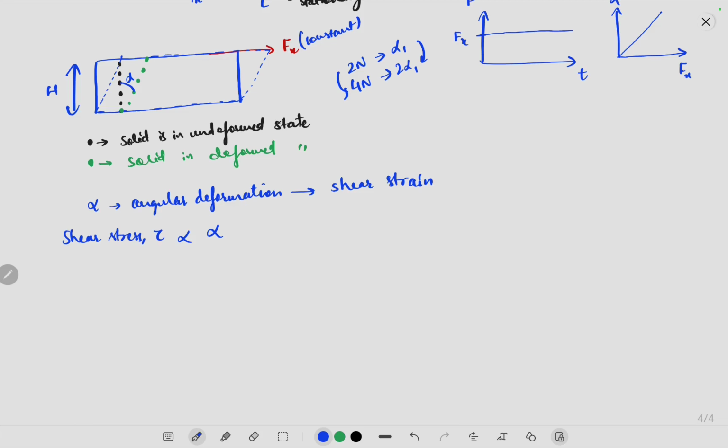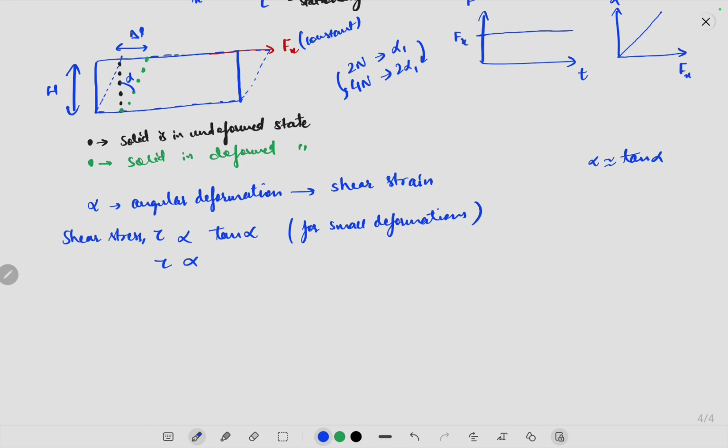Now if the deformations are small, we can write alpha nearly equal to tan alpha. So we can replace this alpha with tan alpha for small deformations, right? Now from the figure, let's say this is delta L and this is H. What would be tan alpha?